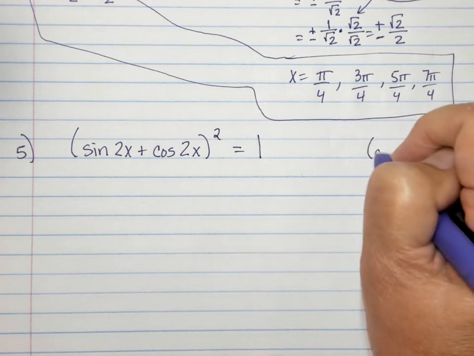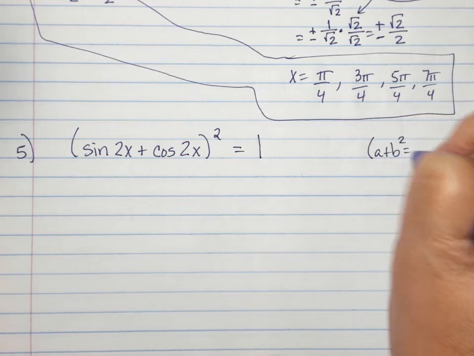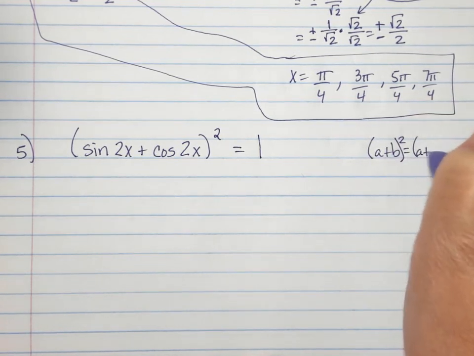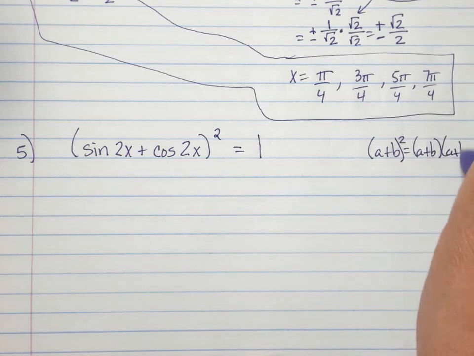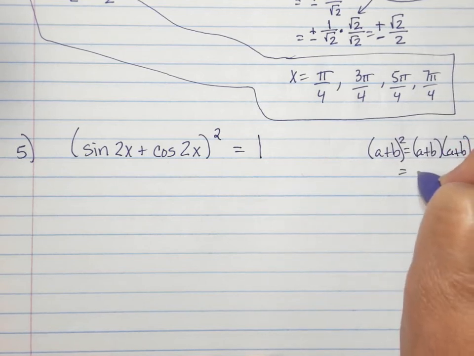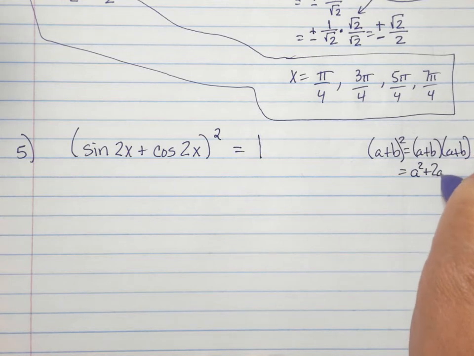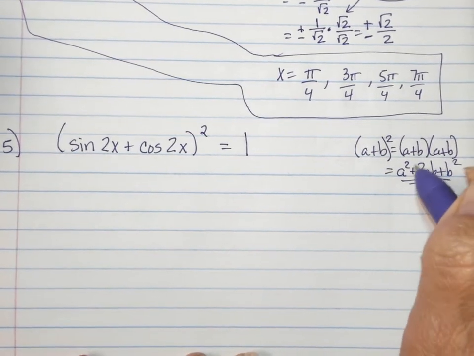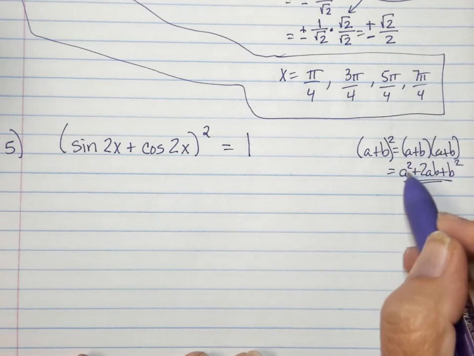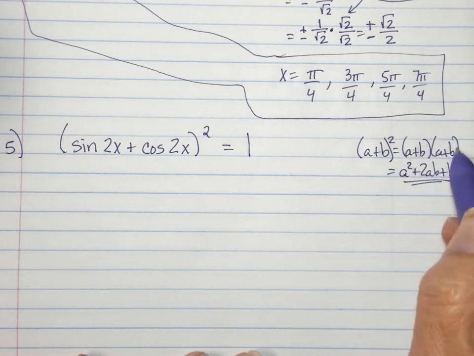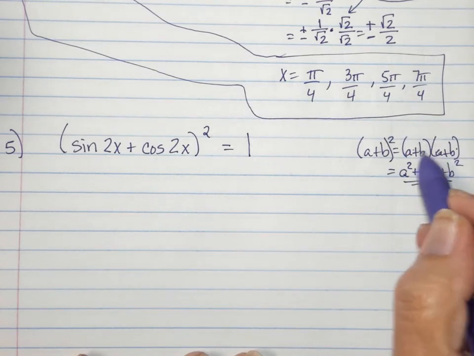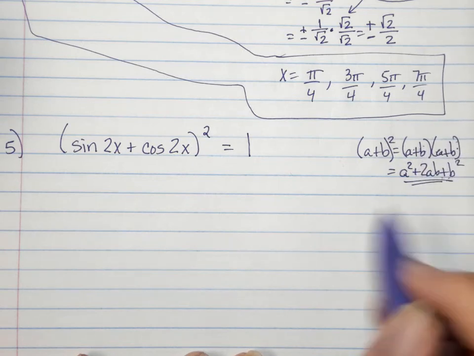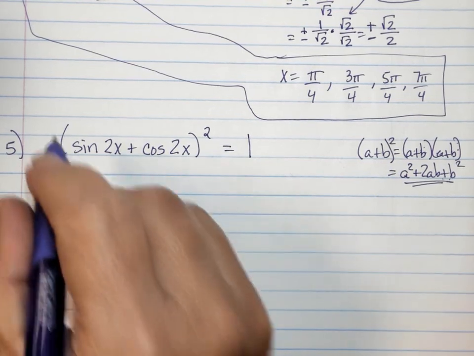So remember that when you have (a plus b) squared, that's (a plus b) multiplied by (a plus b), and it's going to be a squared plus 2ab plus b squared, right? A times a is a squared, a times b is ab, and b times a is ab, so you always have two of those, and then b times b is b squared. So let's apply that idea here.